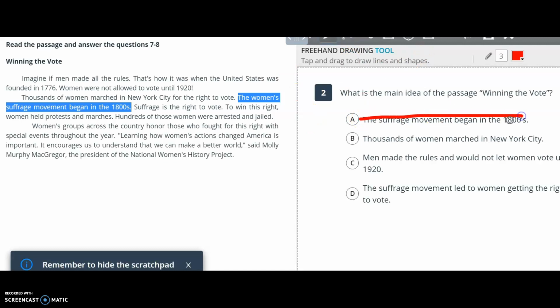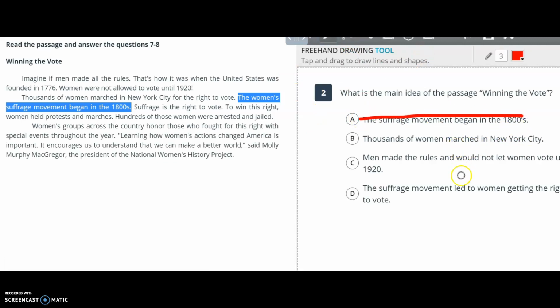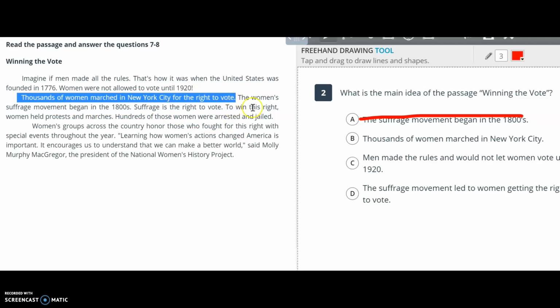Remember, we can look at the beginning and end of paragraphs in the passage to help us find the main idea as well. Thousands of women marched in New York City. That might be, it's the beginning of this paragraph, but we'll see if there's a better one. Men made the rules and would not let women vote until 1920. That's another detail. The suffrage movement led to women getting the right to vote.